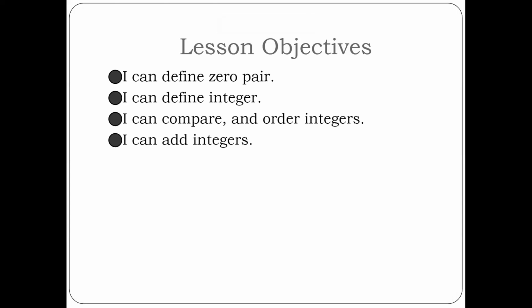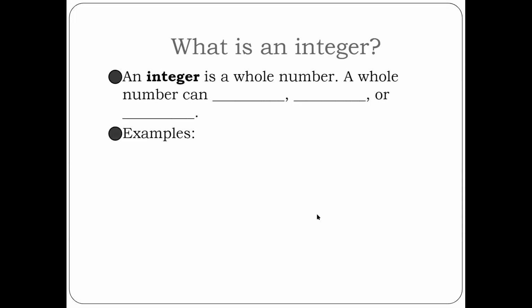We can compare and put them in order. For instance, if you had a string of numbers and you had to put them in order from lowest to highest, you're going to want any negative numbers on the left, and then you're going to get more and more positive as you go to the right. Then lastly, we can add integers. Here's an example of the integers like we just talked about. Positive, negative, and 0. Any that will fit nice and neat on a number line.